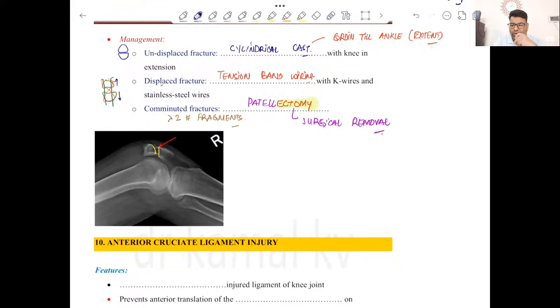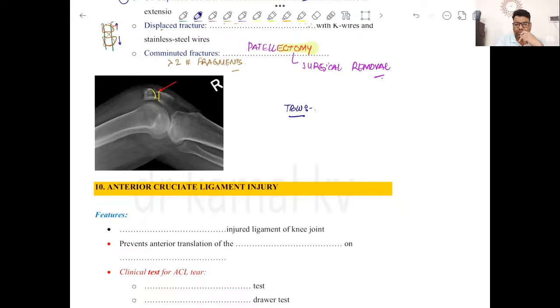And here for tension band wiring, I think we can just take a couple of words more. The principle is distractive forces are converted into compressive forces, right? It means when the patient tries to flex the knee, it will rather bring the fragments closer.